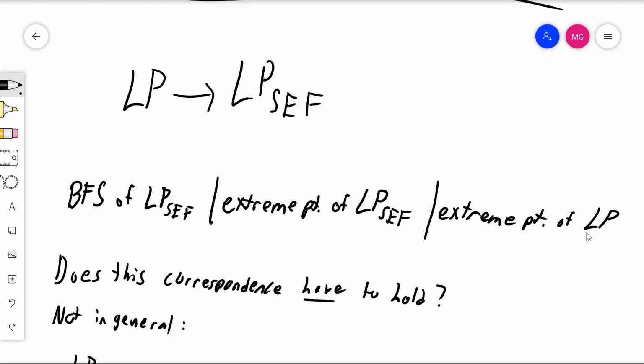And so that was why the simplex algorithm, which was running on the SEF version of the linear program, iterating over basic feasible solutions there, was in turn iterating over extreme points of the original linear program. And that was the geometric insight that we were able to have.